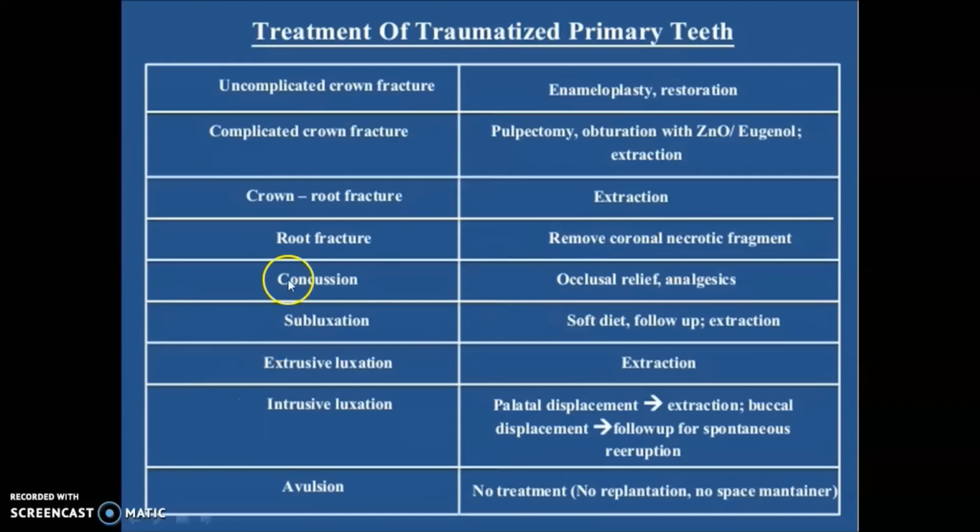Then if there is concussion, or any soft tissue injury, just go for occlusal relief and analgesic. If there is displacement injury like subluxation, go for soft diet and follow up. If the symptoms worsen, like the patient is having pain or periapical lesion, go for extraction. If there is extrusive luxation, the only option in the primary teeth is extraction.